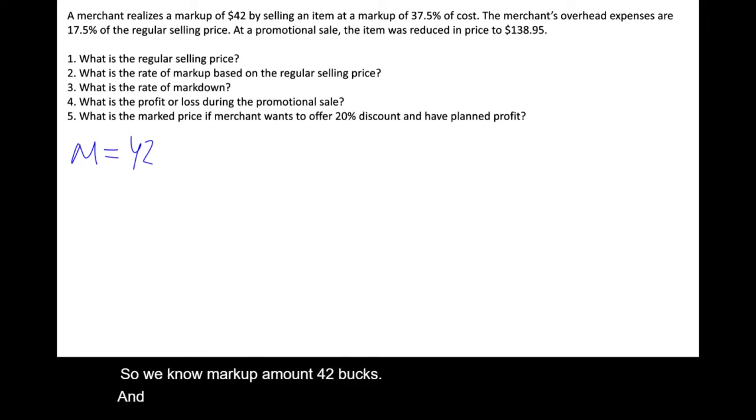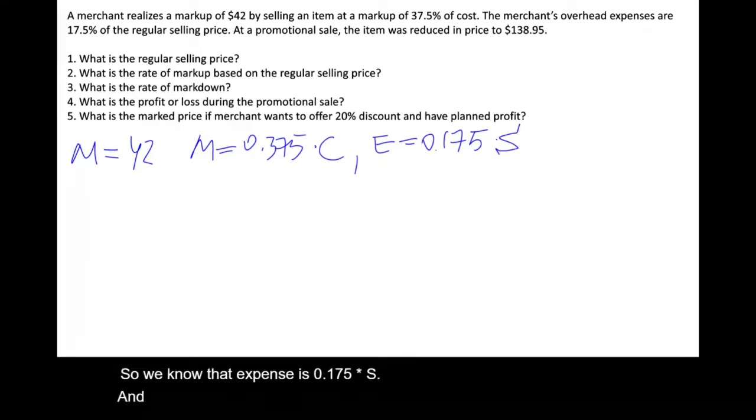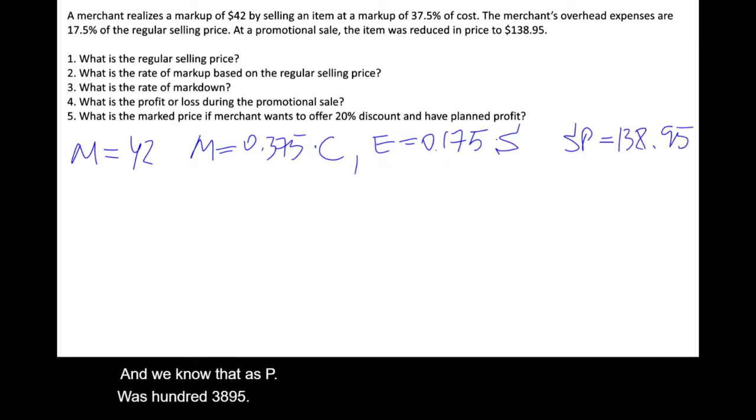And we have markup is 0.375 times C. Okay, so we know that expense is 0.175 times S, and we know that SP was 138.95. So any questions regarding this information, what I just put on the board?